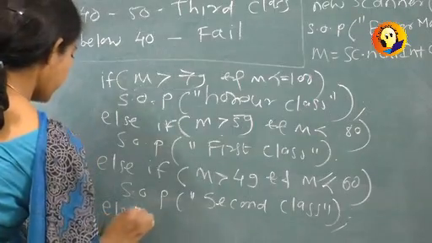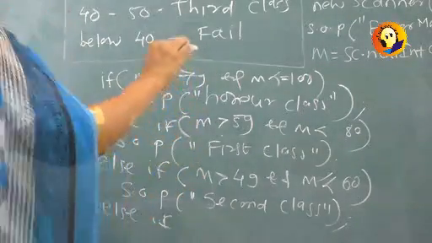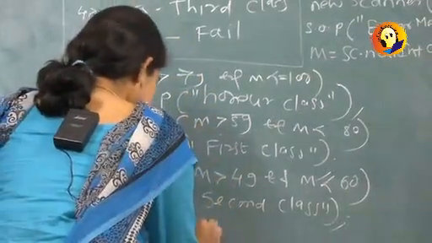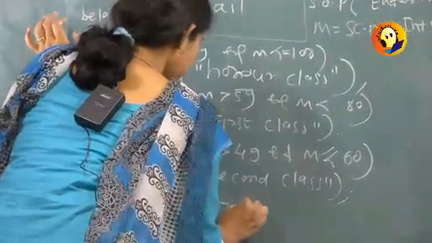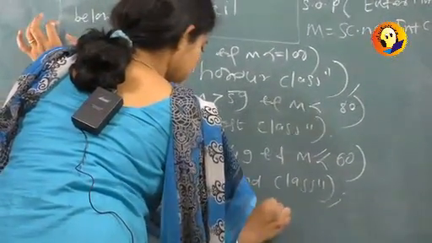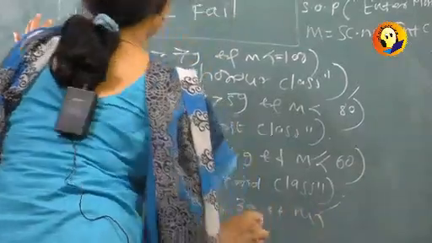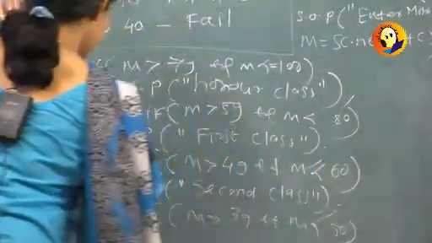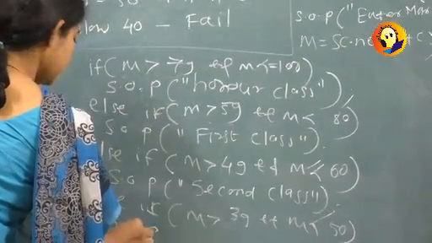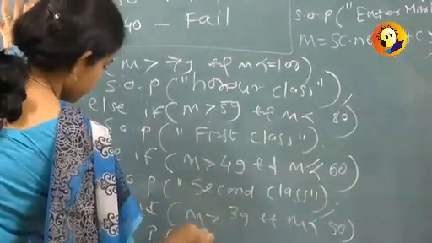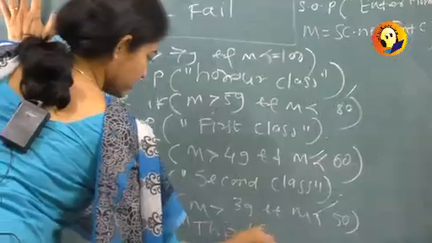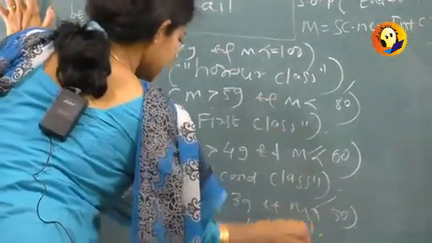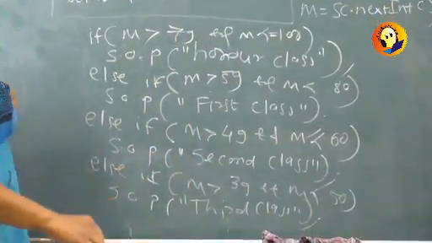Else if m is greater than 39 and m is less than 50, then what you need to display? It is third class. And else, what you need to display?